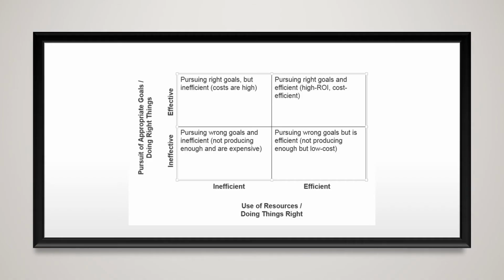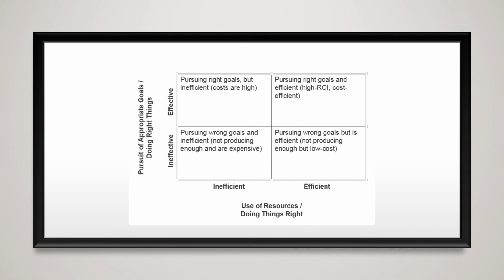Then, so this is a graph that is especially made for you people. So this summarizes the whole point. In y-axis we have the pursuit of appropriate goals and the doing right things, and in x-axis we have use of resources like doing things right. So the things that are ineffective and inefficient are pursuing wrong goals, and inefficient like not producing enough and are expensive.